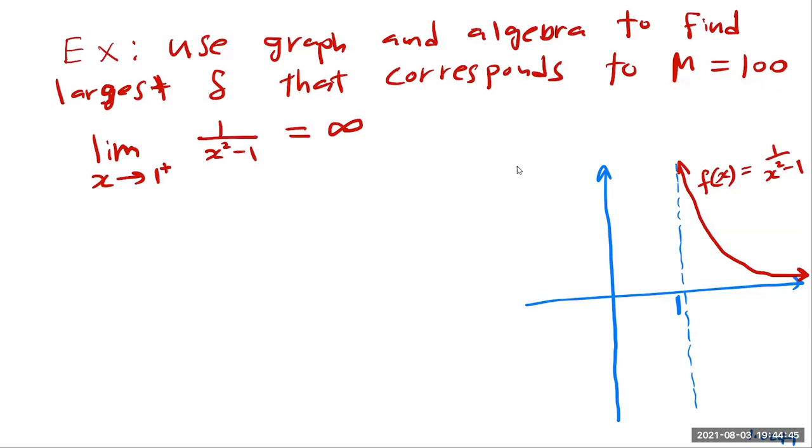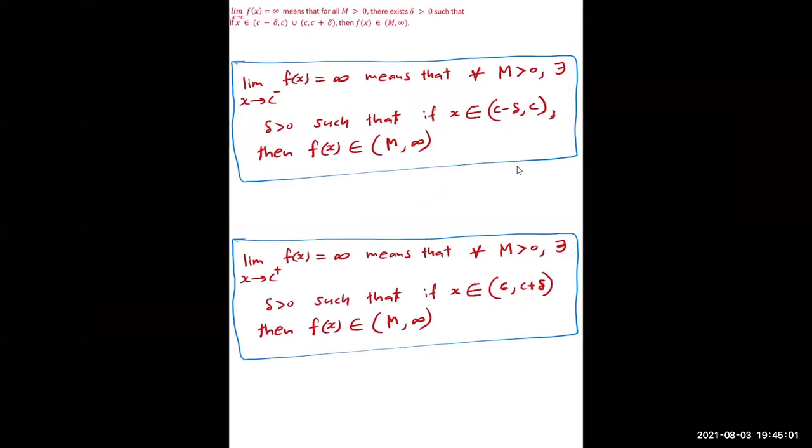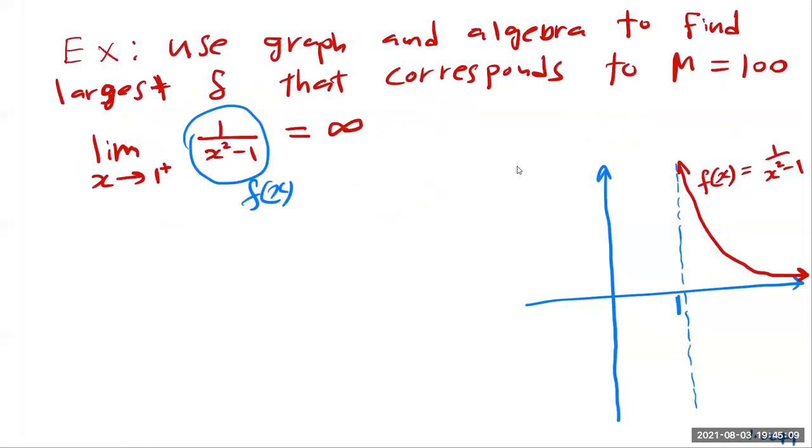First of all, let's try to find the correct definition for this limit statement. Okay, this is clearly your f of x, right? This is your f of x. What definition would go with this one? Well, if you go back and look, this definition will go with that one because there's an m involved, there's a c plus, here you have 1 plus, that's the right limit, and your limit is infinity.